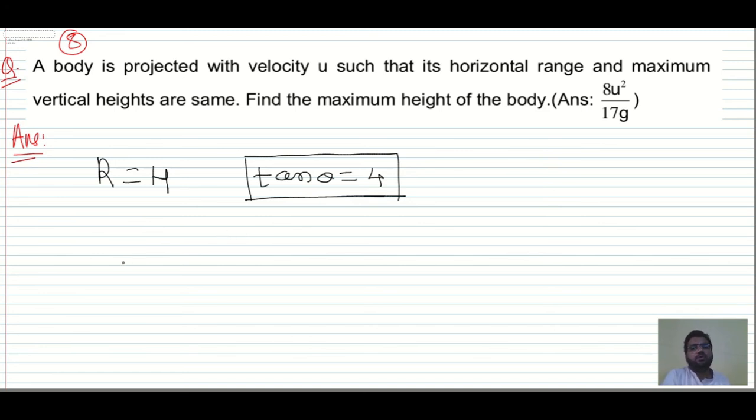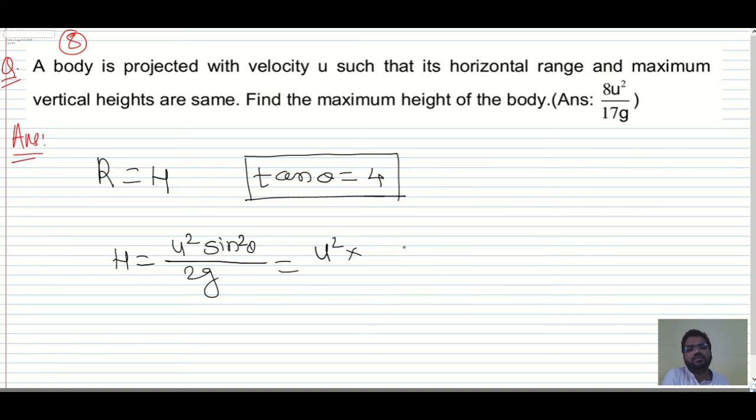Okay, now we want maximum height. Maximum height is u squared sine squared theta divided by 2g. So which is equal to u squared into, what is sine squared theta? Now we can calculate the value of sine theta. If tan theta is 4, then sine theta is 4 by root 17.